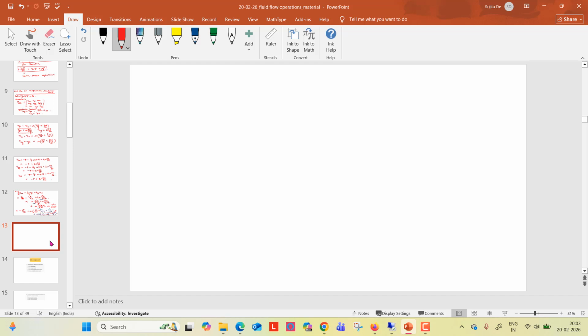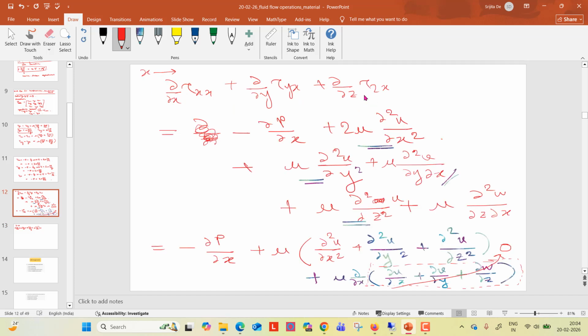So for x directional, it is rho del u del t plus u del u del x plus v del u del y plus w del u del z equals to, so this term now you can write with this expression, minus del p del x, right?